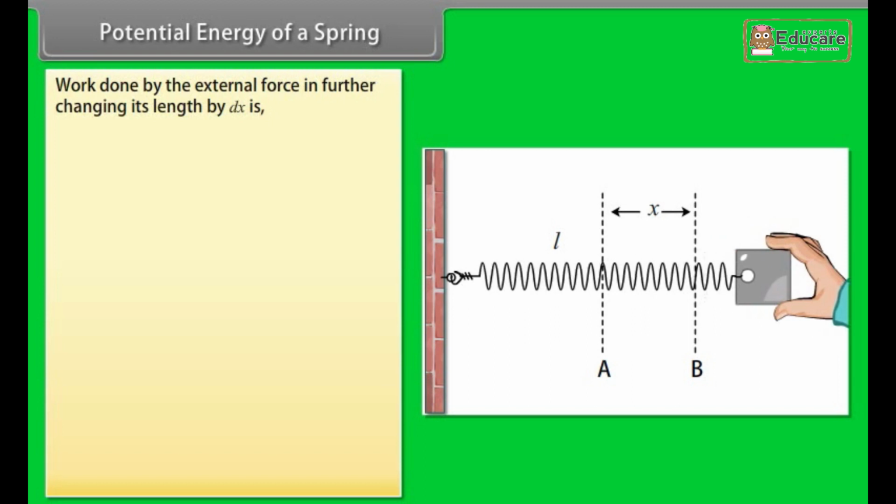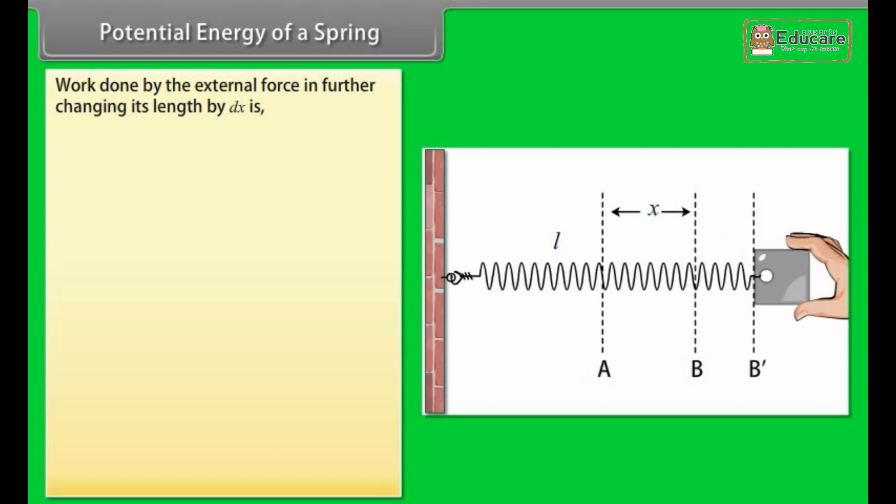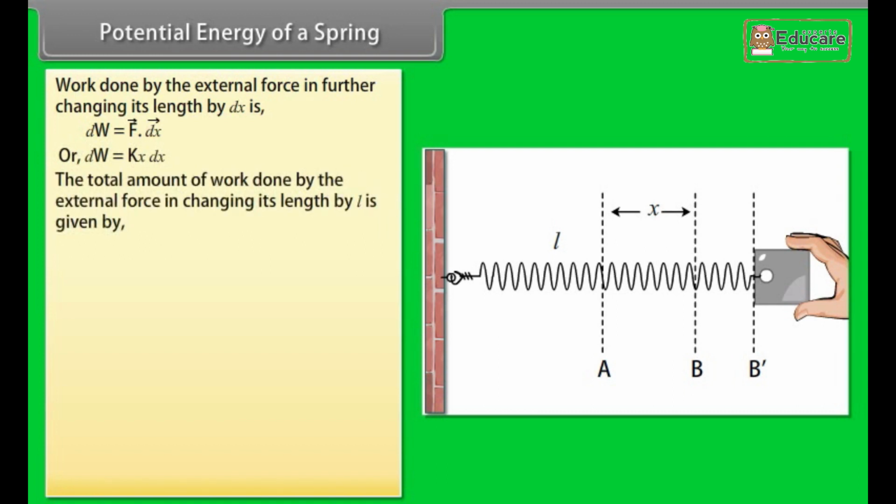Work done by the external force in further changing its length by dx is dW is equal to the dot product of F vector and dx vector, or dW is equal to kx dx. Now, the total amount of work done by the external force in changing its length by l is given by W is equal to the integration of dW.